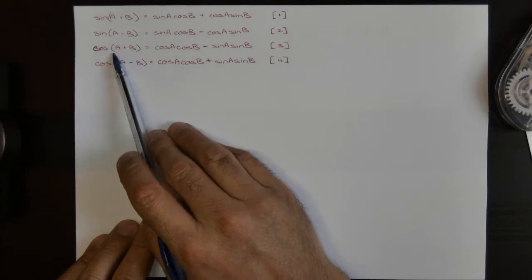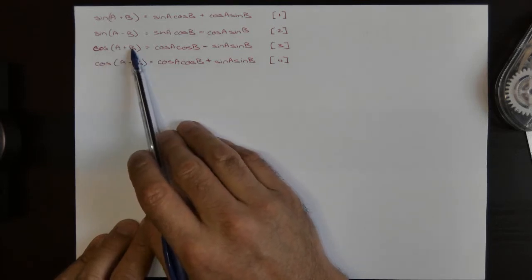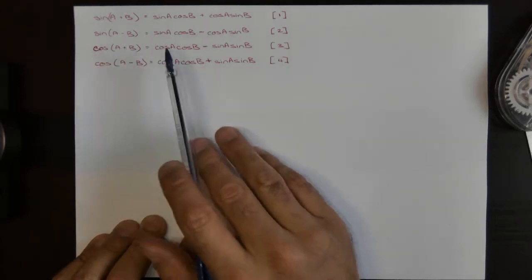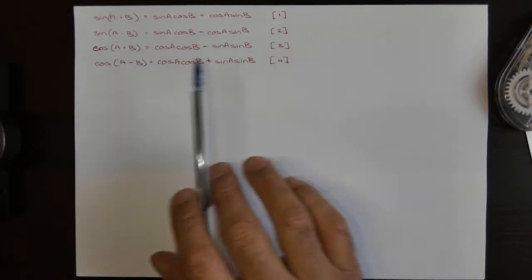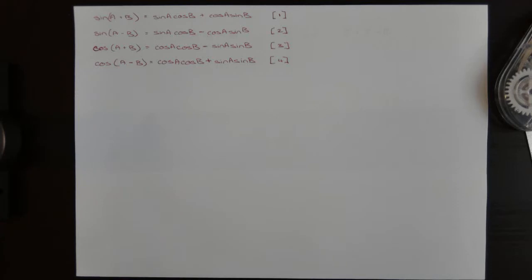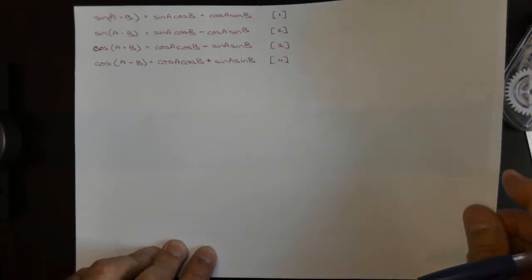The cos of the sum of two angles is cos A cos B minus sine A sine B. We'll call that equation 3. And the cos of the difference of two angles is cos A cos B plus sine A sine B, and we'll call that equation 4.